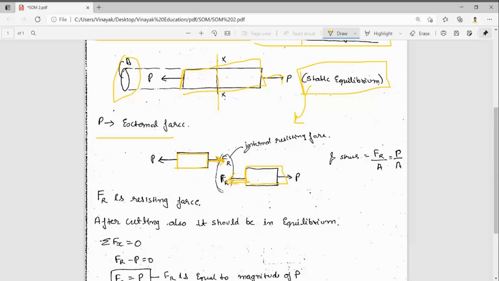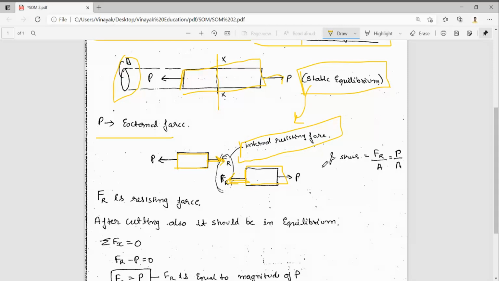This is called internal resisting force. When we are cutting, at that time the forces are generated. These forces are called internal resisting force. Why we are calling it internal means these are on the internal side. This is the external side. We are cutting here, so this will be the internal side.